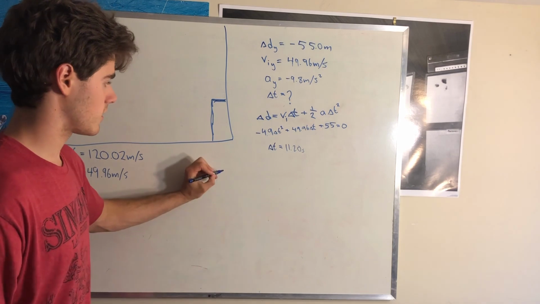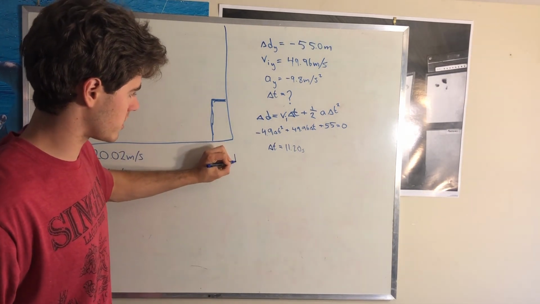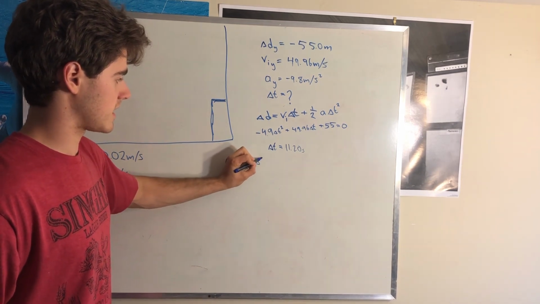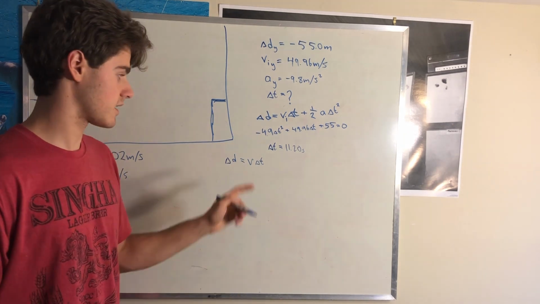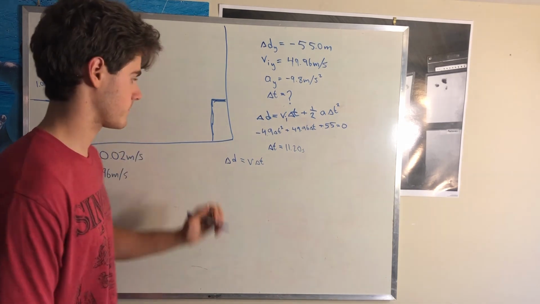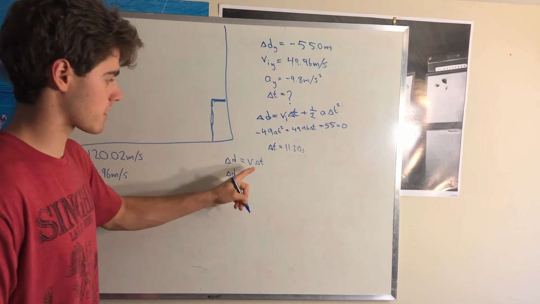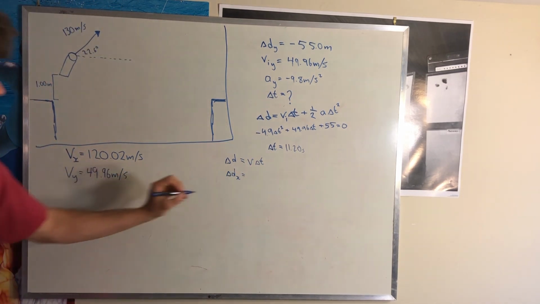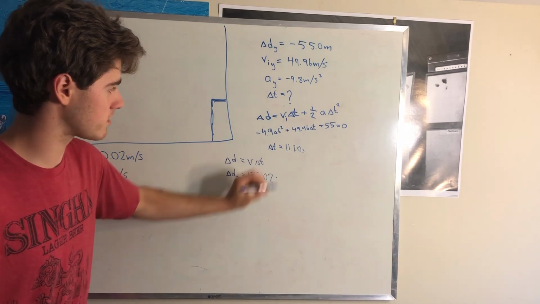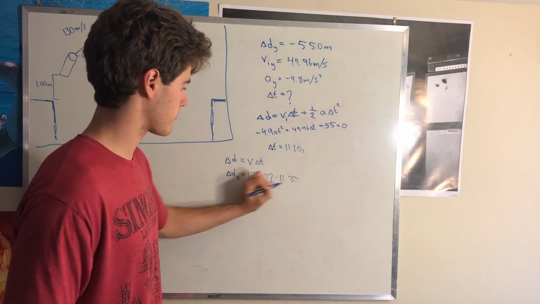Now, knowing that, we can figure out the displacement along the x-axis. So the general form of an equation for the distance would be the velocity times the time, okay? Because v equals d over t, so this is just another way of expressing that. So we want to find the displacement along the x-axis. Remember, our velocity along the x-axis is constant. It's 120.02, and we're going to multiply that by our delta t value, which we just found, which is 11.20.